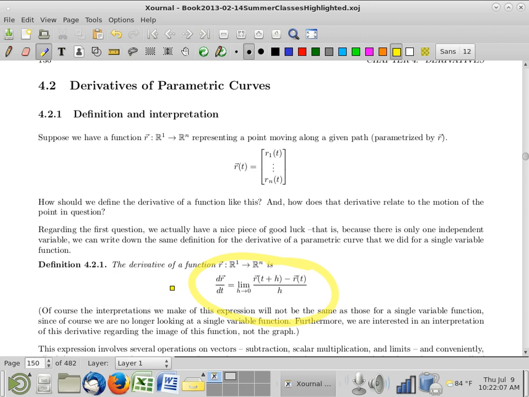So there's a concern that we might have to come up with a whole new set of shortcut formulas for how to compute derivatives of these kinds of functions. That's a fear that we should be worried about. The good news is we don't.